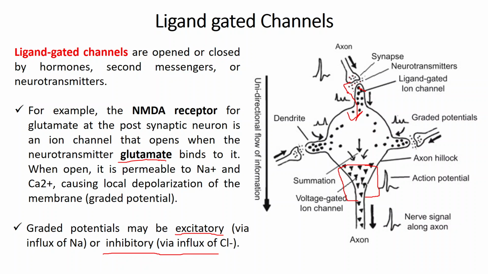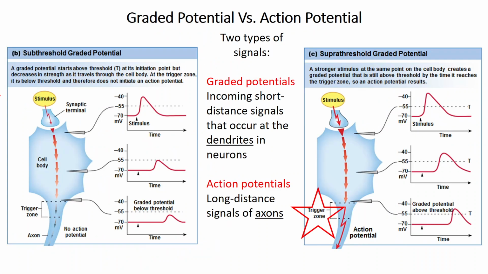This will make the membrane even more negative, right? And so this will hyperpolarize the neuron, and this type of signal is called an inhibitory graded potential. Is that all clear? All clear? Okay. So this is the graded potential.